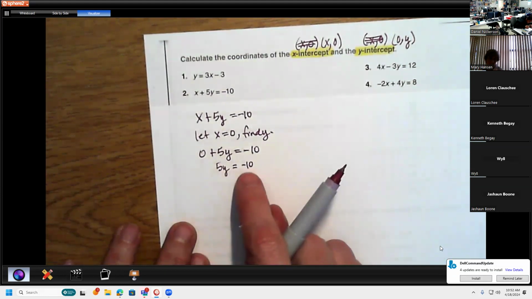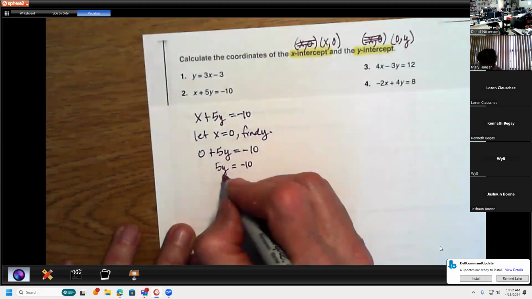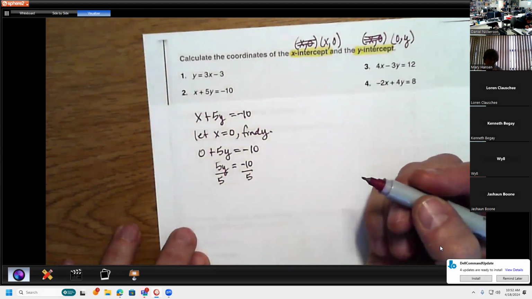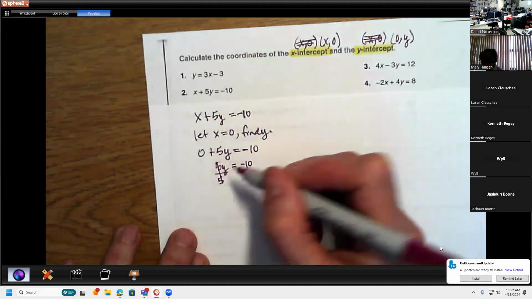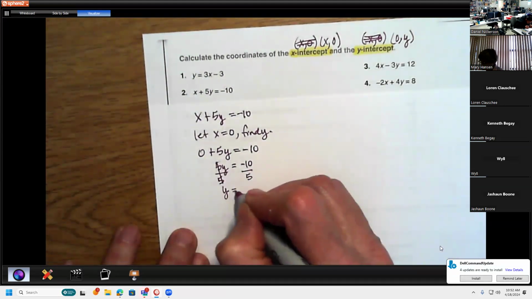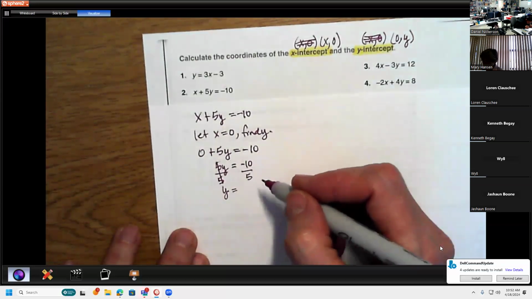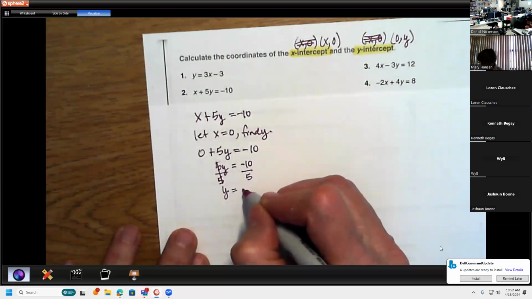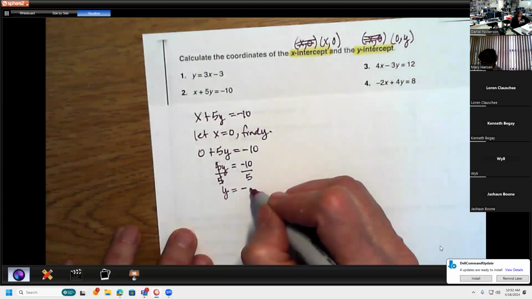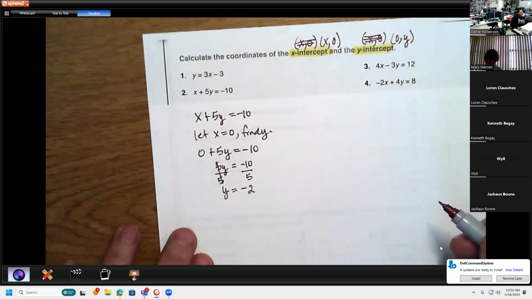5 times some number is -10, and the opposite of times is divide. 5 divided by 5 is 1, leaving me just 1y or y. And -10 divided by 5, the signs are different, so my answer is negative. And 10 divided by 5 is 2.